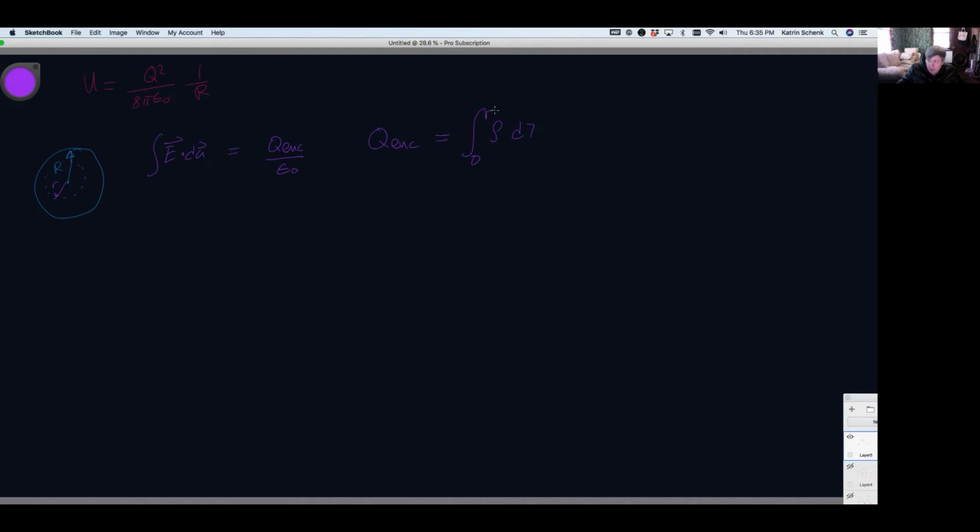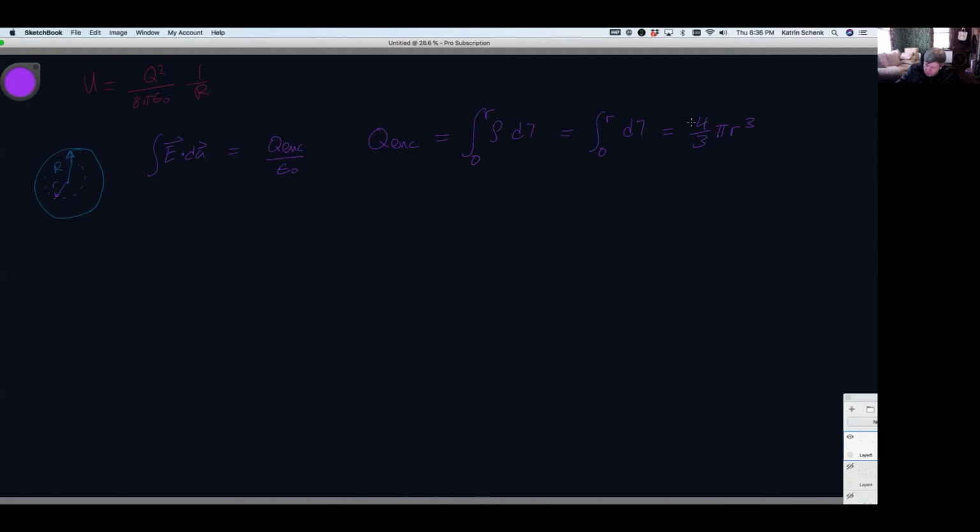That's why I'm keeping everything in purple here. Rho is a constant, so this is just 0 to r of d tau. This is going to be the volume of a sphere of radius little r, so that's 4/3 pi r cubed. If you don't believe me, put in d tau and integrate up, but that's what you'll get.